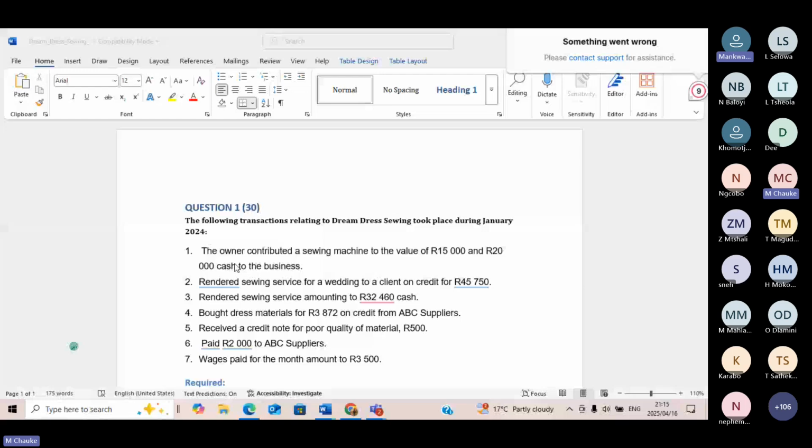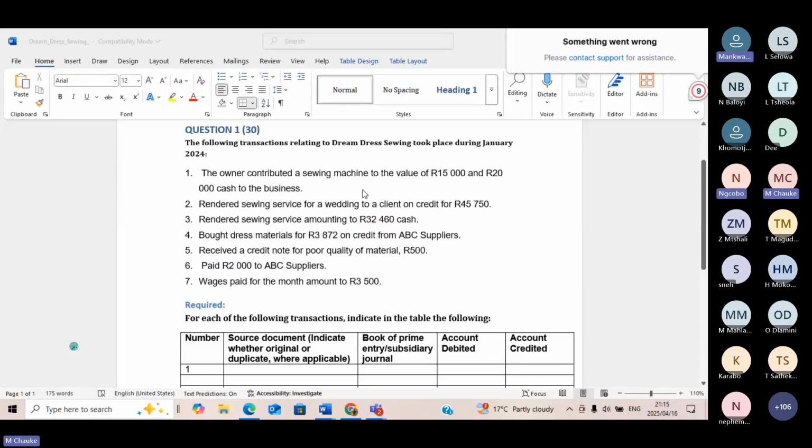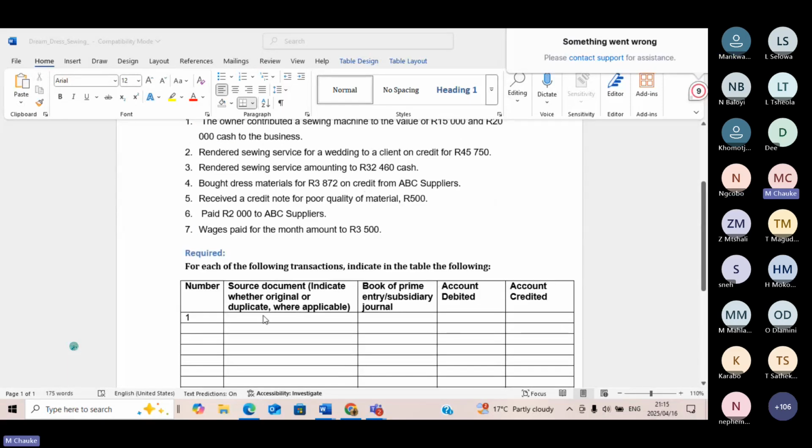Let's start with recording the transaction of the machine, where the owner is contributing the machine. The source document is going to be general voucher. Are you with me? General voucher. Do you all know general voucher, or do I need to explain it?